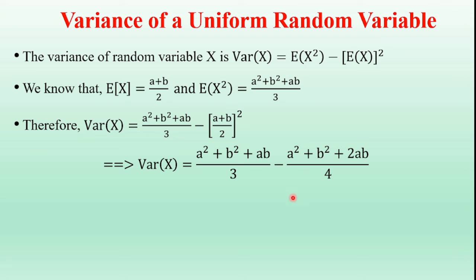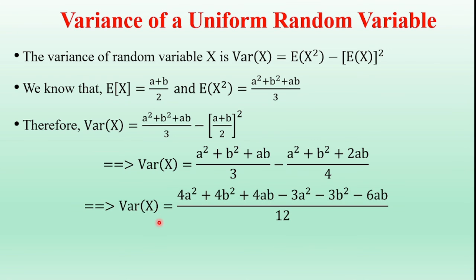Take the LCM, the LCM is 12. Therefore variance of x is equal to [4a square plus 4b square plus 4ab minus 3a square minus 3b square minus 6ab] divided by 12, multiplying the minus into the bracket term.